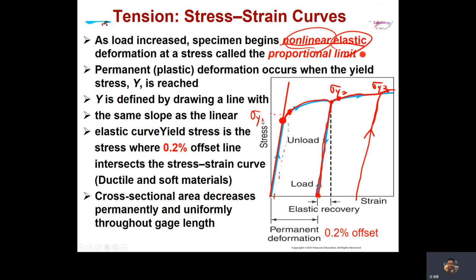So you figure out the yielding stress is strengthened, right? So what's the reason why the yielding stress increases when we load and unload? What kind of mechanism strengthens the yielding stress?